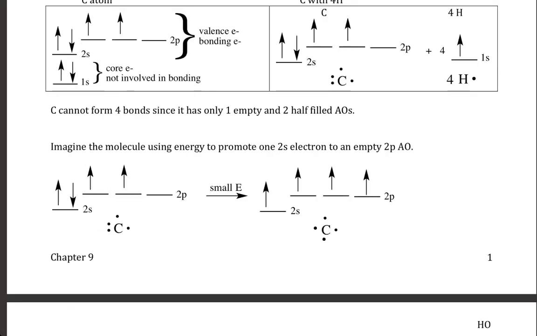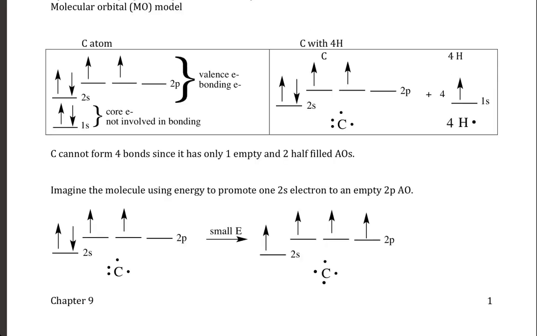Alrighty, so in our CH4 molecule, the carbon atom has the energy level diagram where we would have 2 electrons in the lower energy 1s atomic orbital, 2 electrons in the 2s atomic orbital, and 2 electrons in 2 of the 2p atomic orbitals.